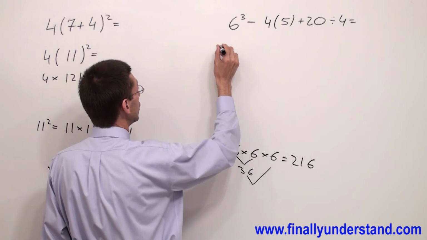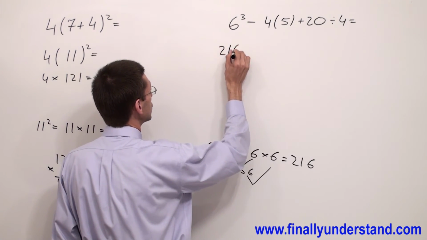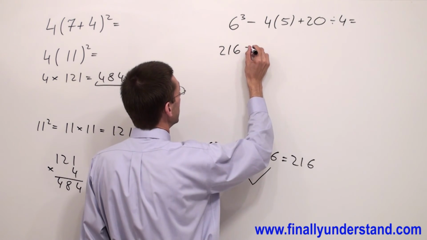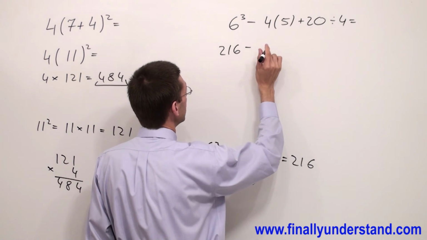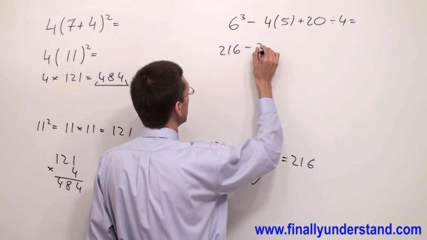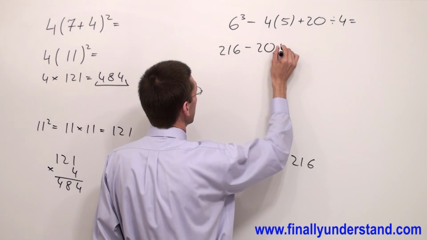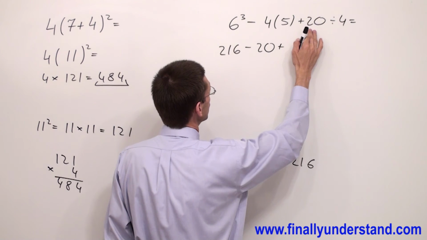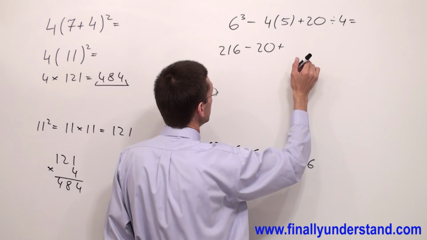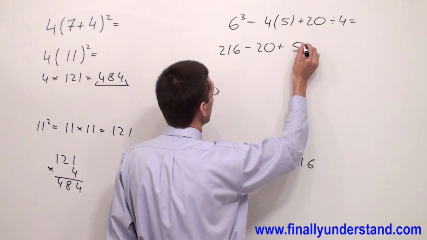So this is 216 minus 4 times 5, which is equal to 20, plus 20 divided by 4, which is equal to 5.